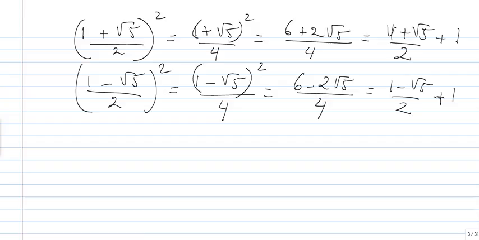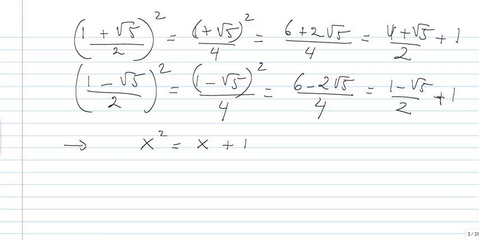So in other words, these two numbers satisfy this beautiful identity, x squared equals x plus 1, where x is either of the two numbers.